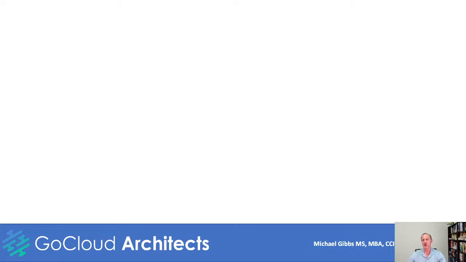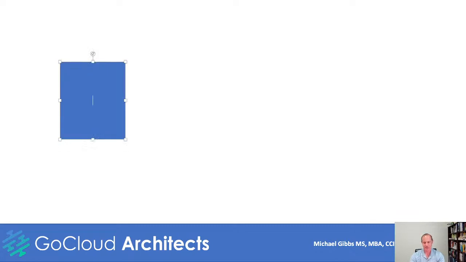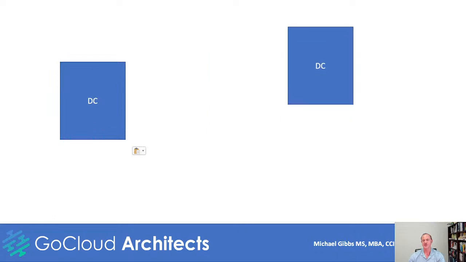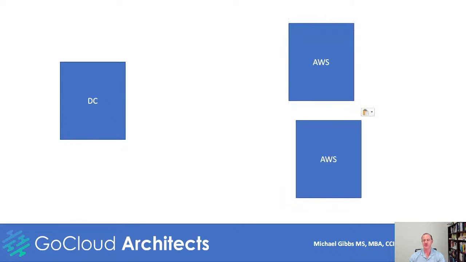So let's take a data center and a multi-cloud. Let's say we've got our data center. Let's say we've got AWS over here. Let's say we've got GCP over here.